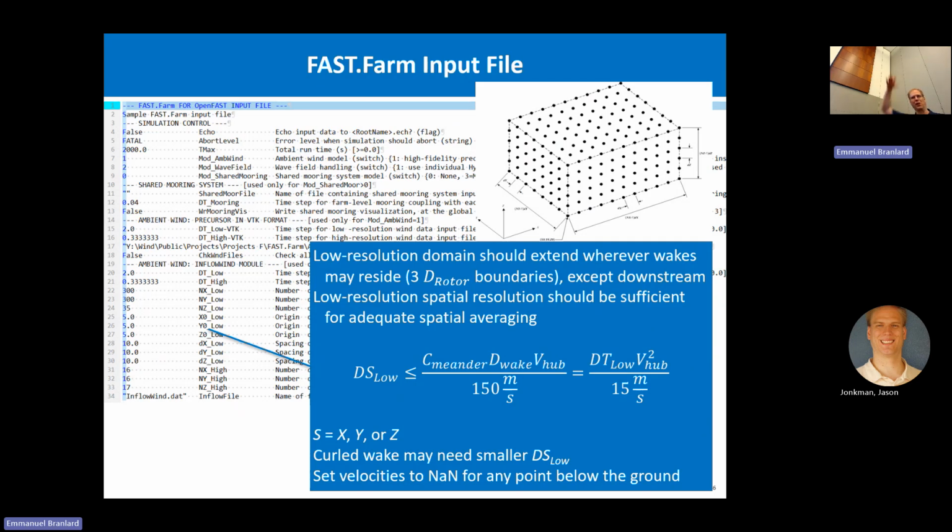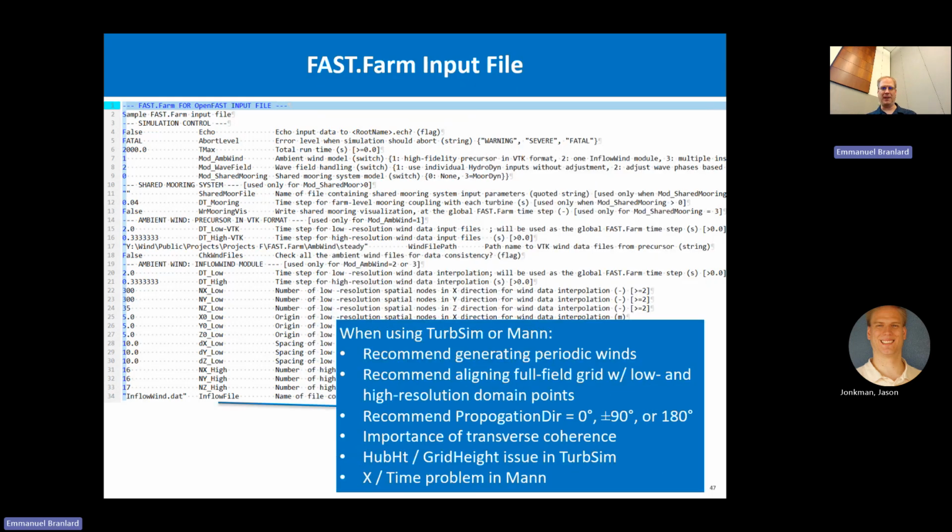So both horizontally and vertically, just add 3 extra rotor diameters of distance to capture the wake deflection and meandering behind, except downstream. So the wakes can just leave. If the wakes hit the boundary, they effectively just leave the domain and never come back. And so that's fine downstream, let the wakes leave, you don't care. But on the sides and the top, definitely add that 3D buffer or you'll definitely miss something, because the wakes will meander and they'll probably meander outside the domain. And that's not going to be a good answer at the end.